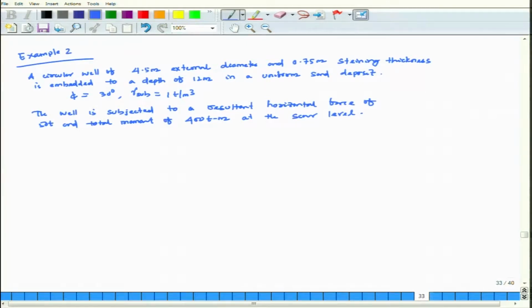Assuming the well to be lightweight, compute the allowable load with a factor of safety of 2.